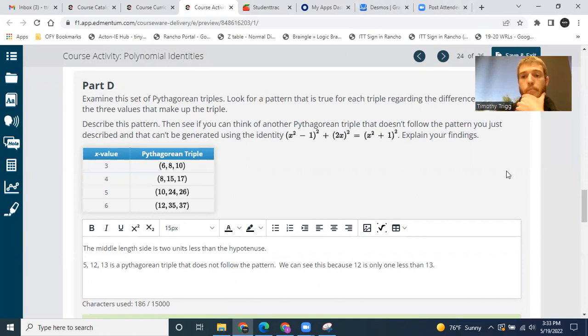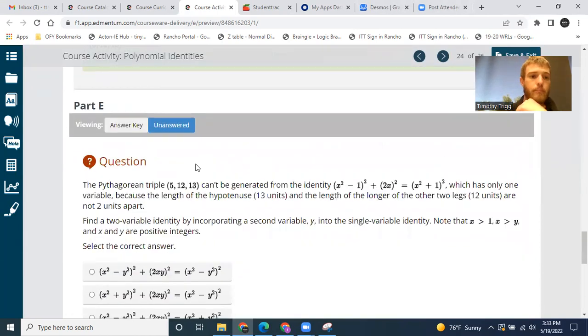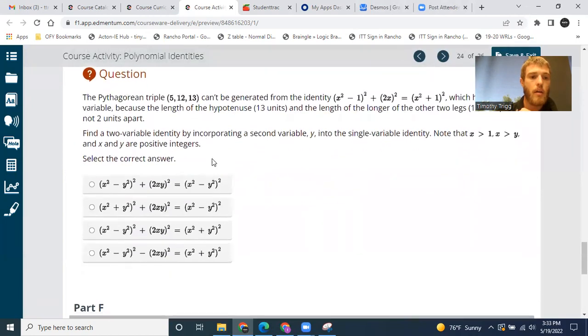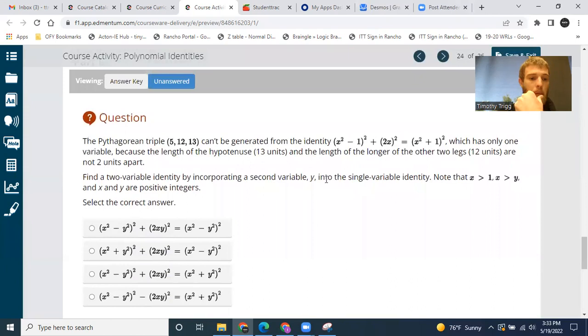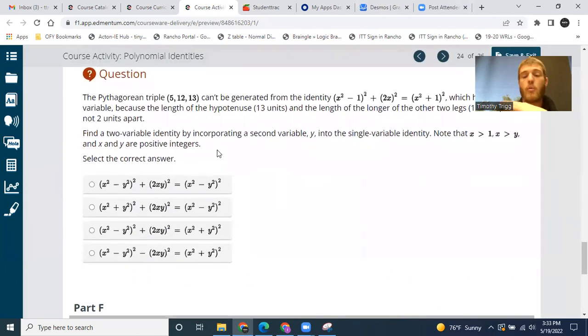Okay. All right, cool. Part E. The Pythagorean triple of 5, 12, 13 cannot be generated by this group that we just talked about. So we're going to have a new pattern. We saw the pattern before where it had the x squared plus 1, the 2x, and the x squared minus 1, right?